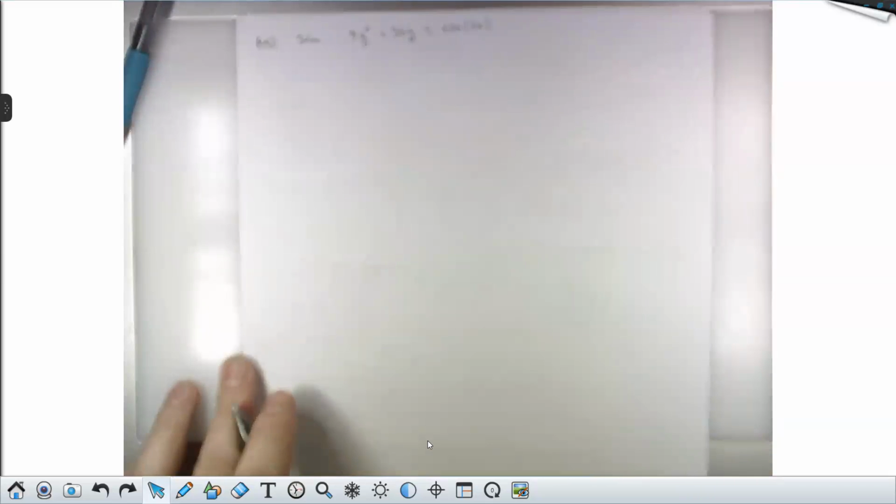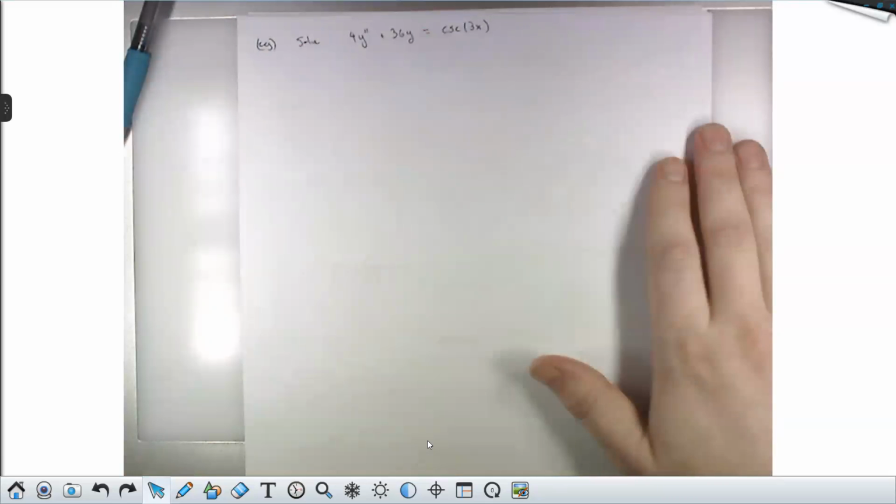This we could not have done yesterday because cosecant doesn't have a derivative that's a linear combination of itself or itself in cotangent.